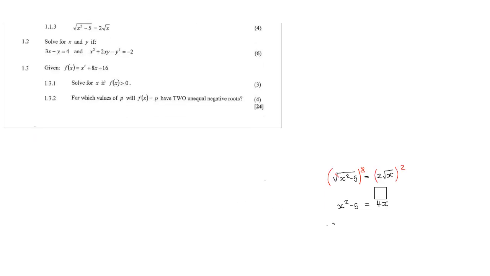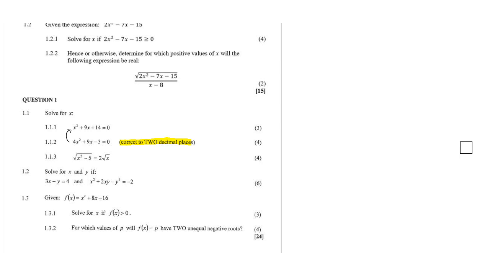Just for curiosity's sake, that first question, did I solve for x or did I just factorize? I think I just factorized. Let me just redo that first question again. Question 1.1.1, sorry. x squared plus 9x plus 14 is equal to 0. We said that we're going to use x plus 2, x plus 7 is equal to 0.